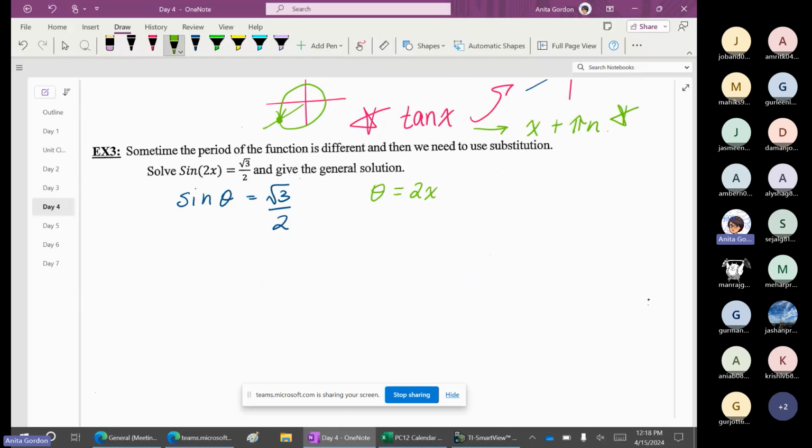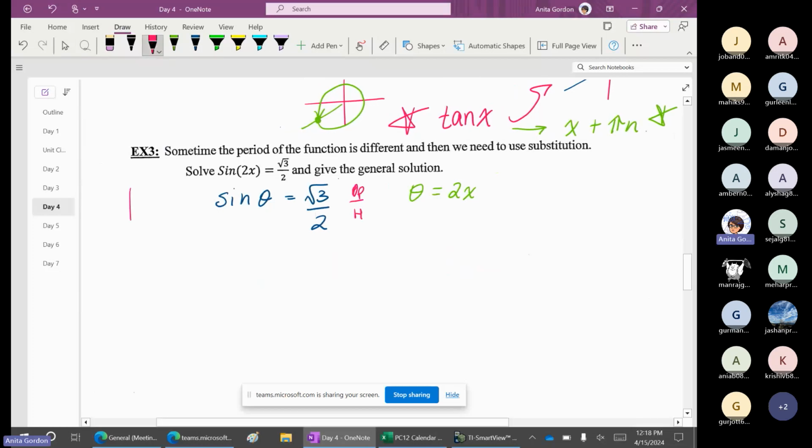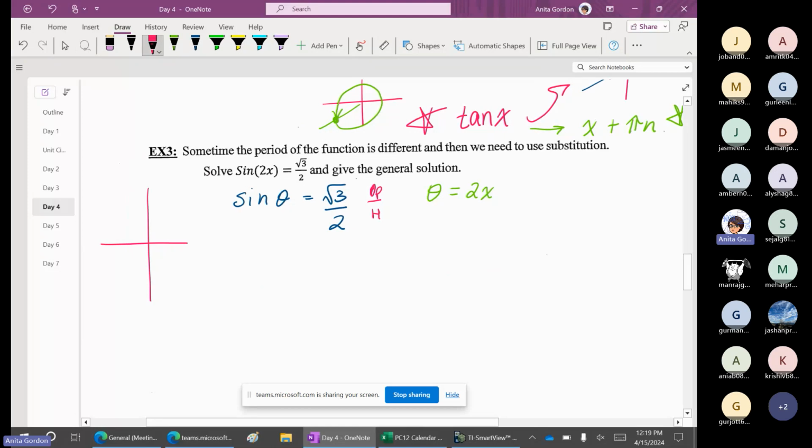All right, so sine theta is root 3 over 2. Either you can think of this as opposite over hypotenuse, or you can think of it as a point on the graph. Where on the graph is sine positive? Which quadrants? 2 and 1.